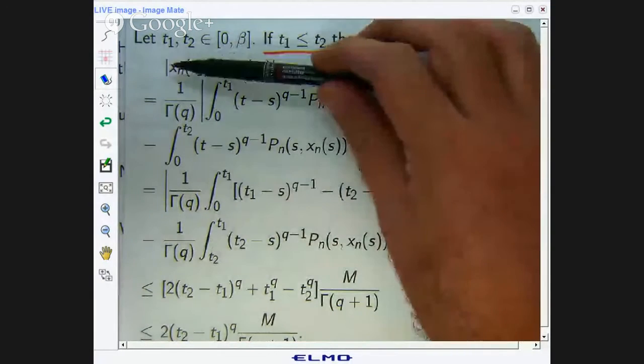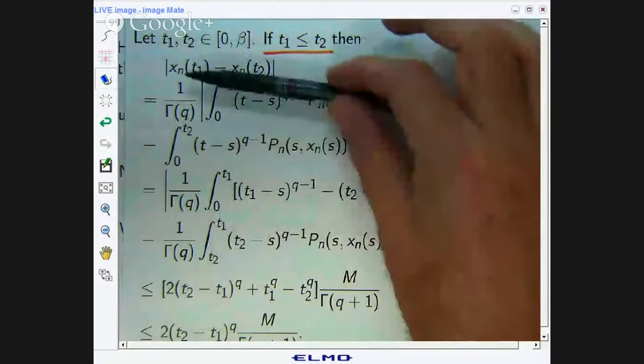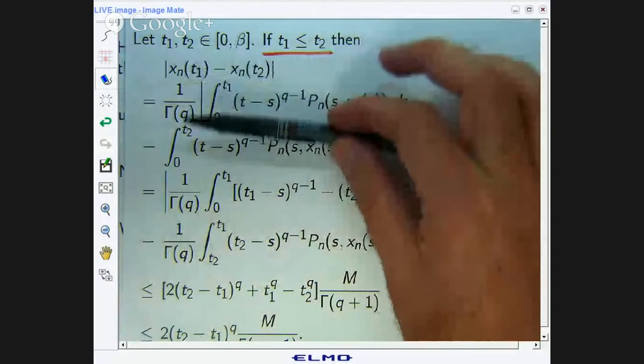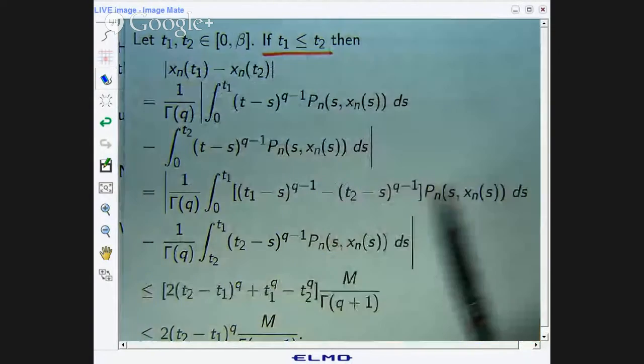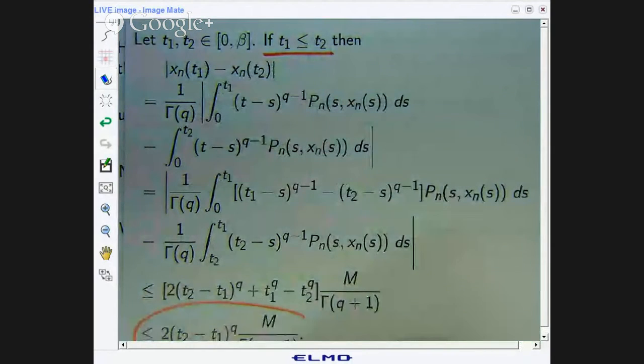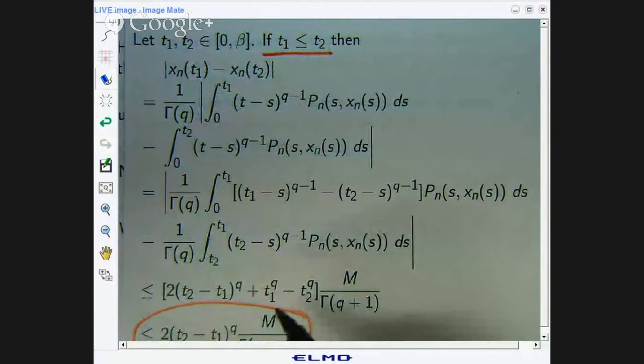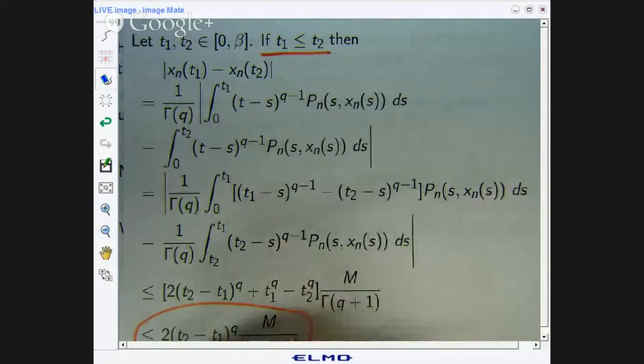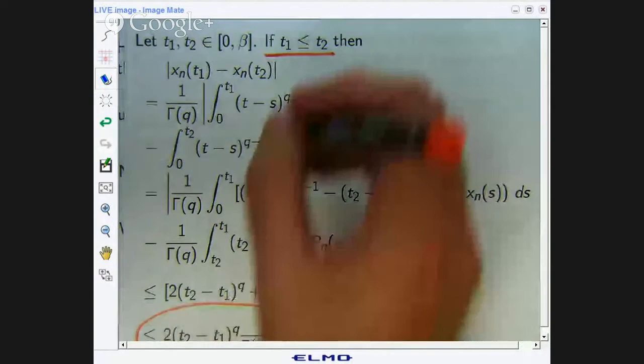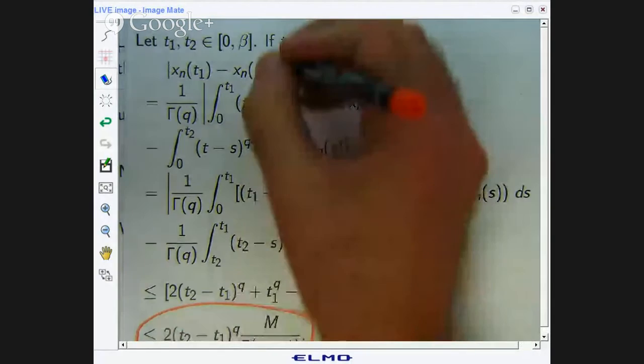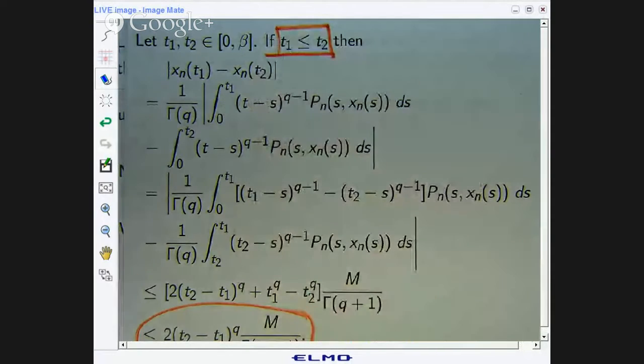Okay, so I can play with the integral representations a little bit, and I'll get down to here. And you can see that if t1 and t2 are close together, then this can be made as small as we like. And if you want, as a sort of independent exercise, try looking at the case t2 less than t1.